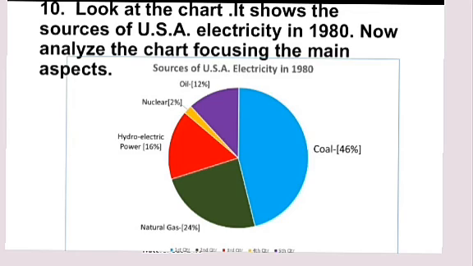In this question, the topic is sources of USA electricity. And then what are the sources? The names of the sources are clearly given here. And how much do they contribute to the total production of electricity in the USA? The contributions of these sectors are shown in this picture for 1980.